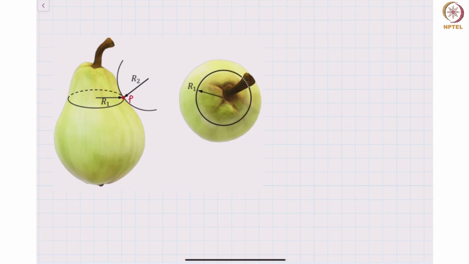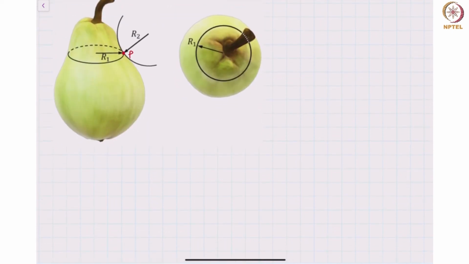The other more important point is that because these two circles are on different sides of the surface, we also have different signs for the curvature value. So you can have surfaces where 1 by R1 and 1 by R2 are of opposite sign, and therefore they can even cancel out. We will see surfaces like that when we discuss minimal surfaces.